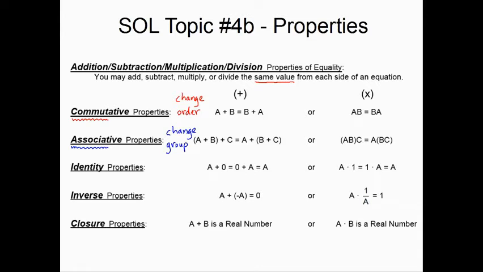Next is the identity property. If you keep your own identity, you're not changing. If we're talking addition, we can add 0 to a number and it does not change. A remains the same. Or we can multiply by 1 and A does not change. It keeps its own identity.